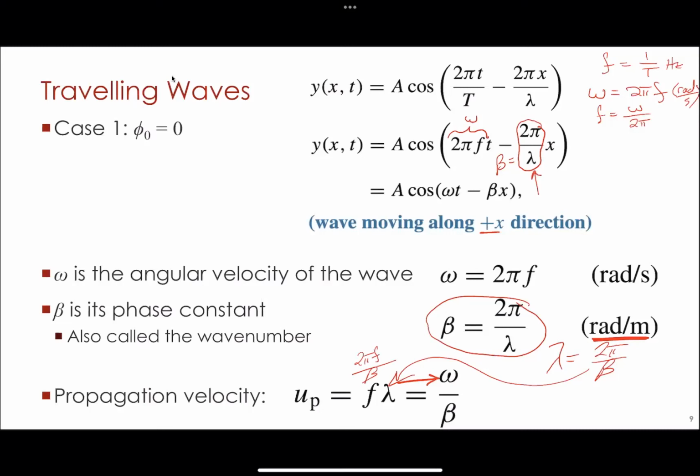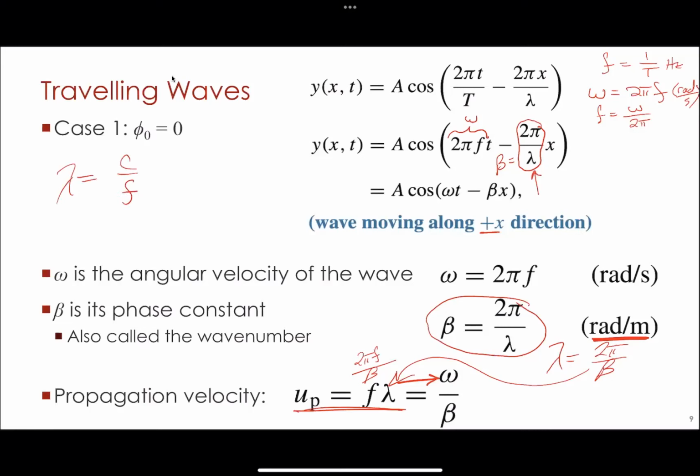So that's why UP equals omega over beta. We're going to have lots of different equations for things. So it's going to be important that you especially keep track of which equations are the generic equations that always apply and which ones are special case equations. These are generic. I'll give you an example right now of the difference between those two. We've seen so far lambda equals c over f.